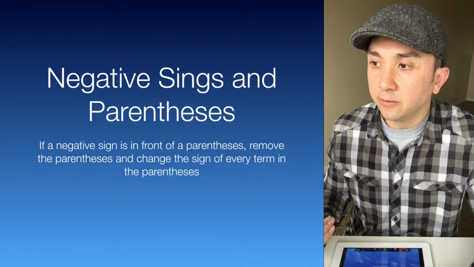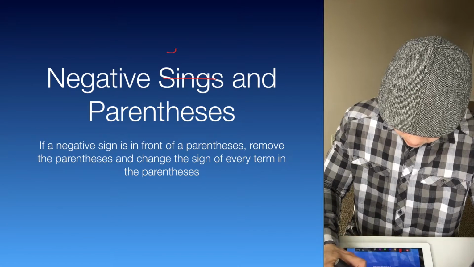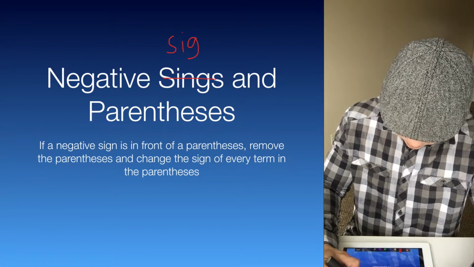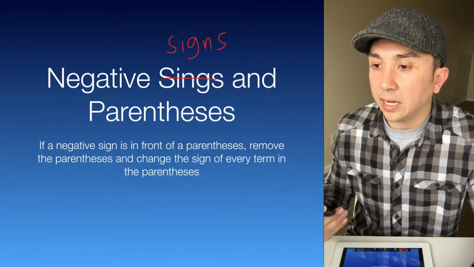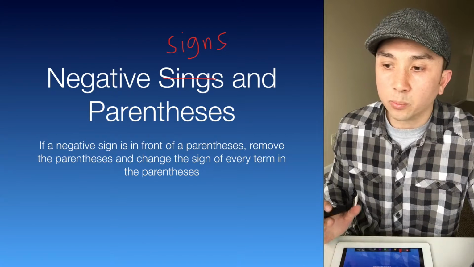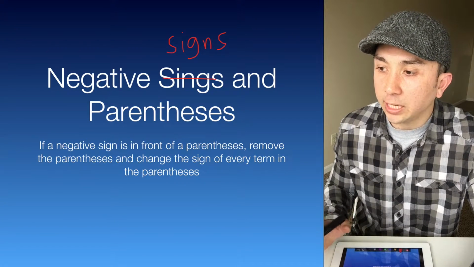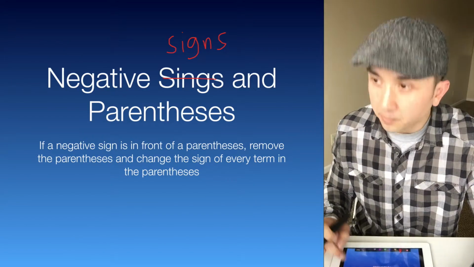Now, the negative signs and parentheses property states that if a negative sign is in front of a parentheses, we remove the parentheses and change the sign of every term in the parentheses.